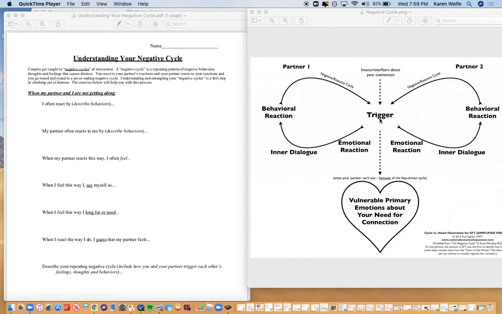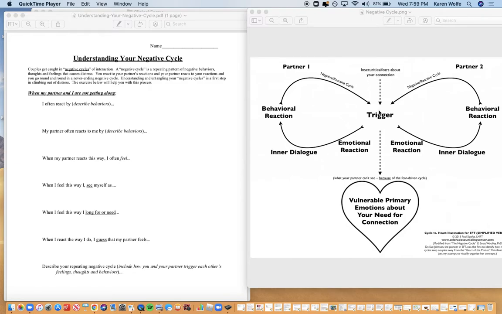That's what we call a trigger. Oh, you sound angry. Why weren't you looking at me? Right? There's something getting triggered by their behavioral reaction, their look, the sound in their voice, etc. The trigger is actually the fears and insecurities.